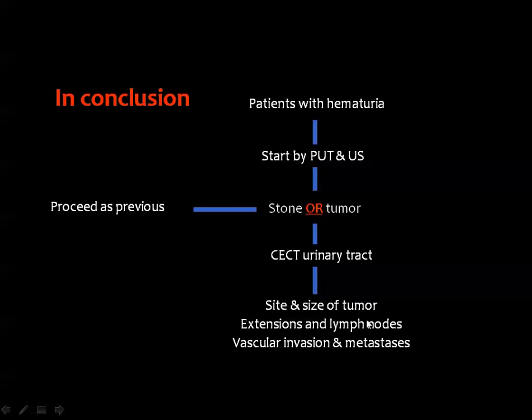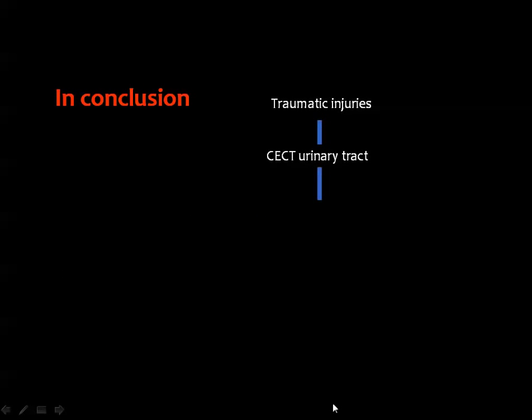Then we assess for lymph node pathology and we detect vascular invasion and the metastatic deposits. But if we cannot inject contrast material because of bad renal function or hypersensitivity, then we may use MRI. And MRI, as I have said, does not require the injection of contrast material.